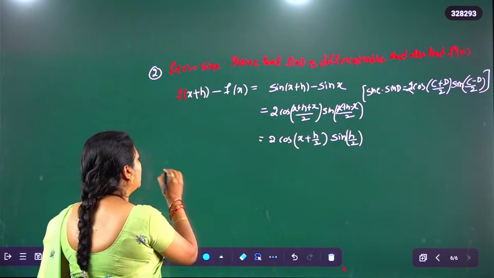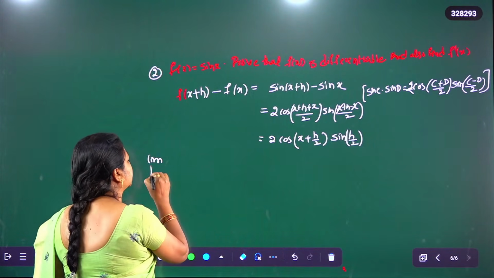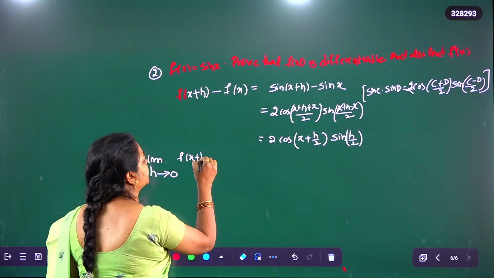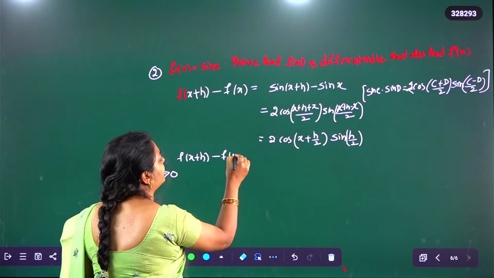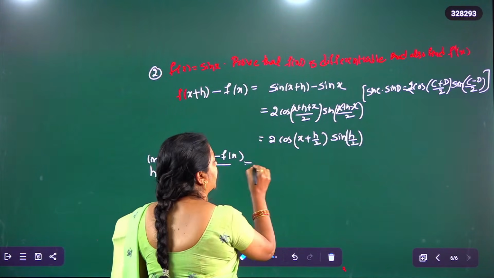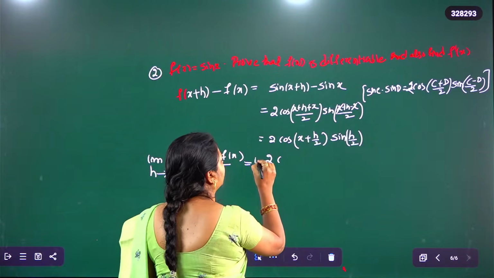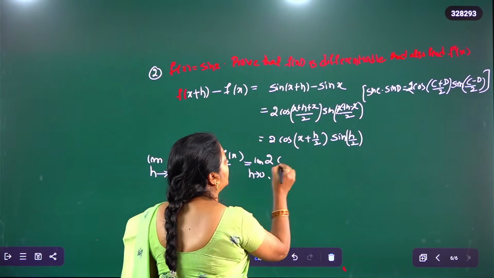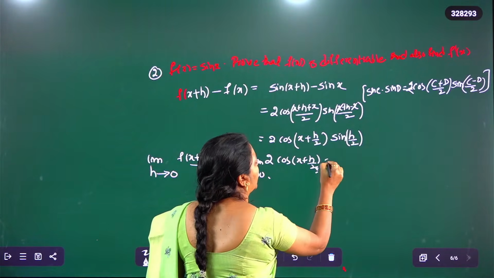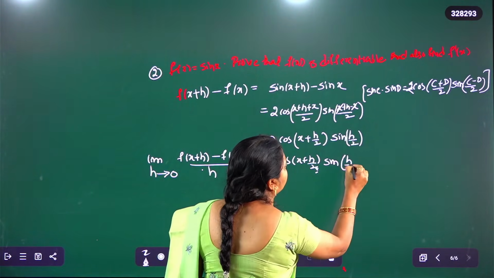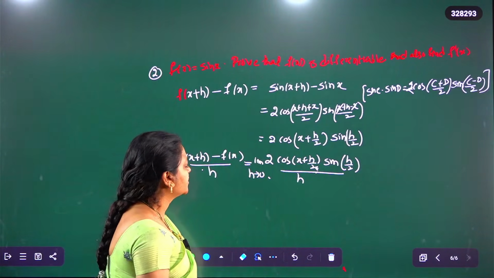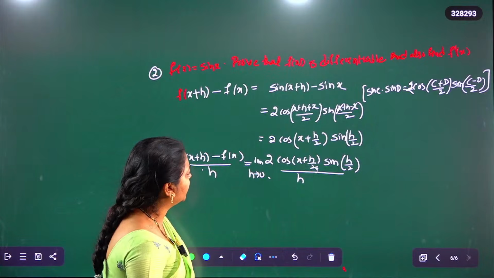Now we will use the first principle, that is limit h tends to 0 of f of x plus h minus f of x by h. So limit h tends to 0, 2 cos x plus h by 2, and we got sine h by 2 by h. Right?